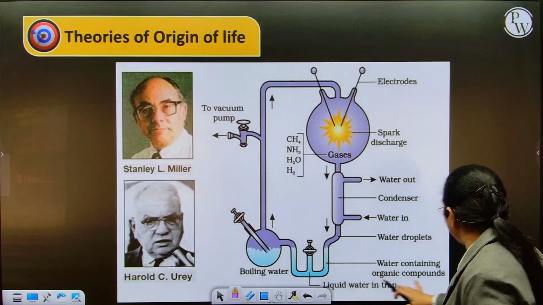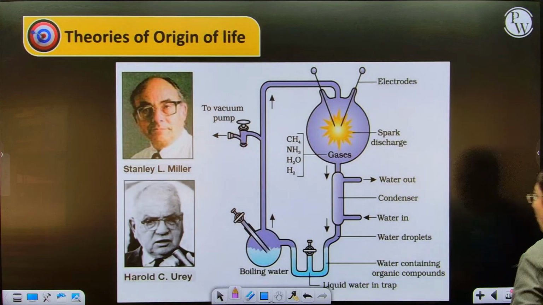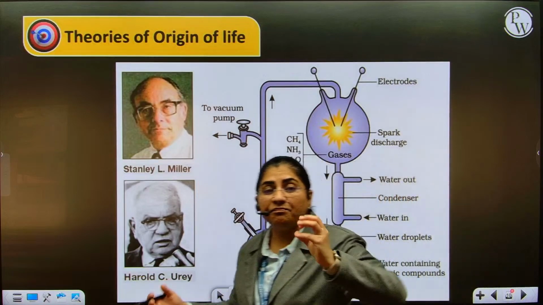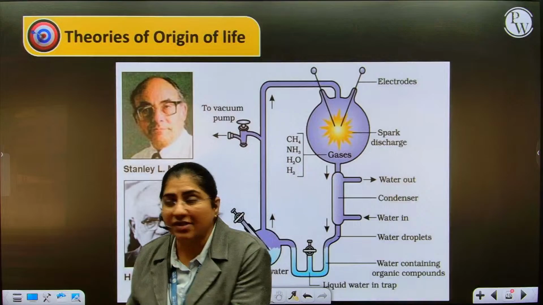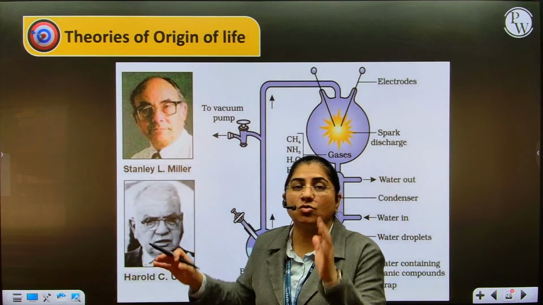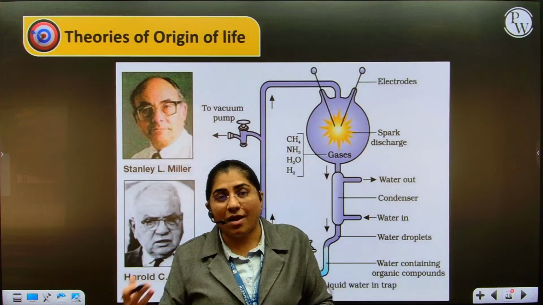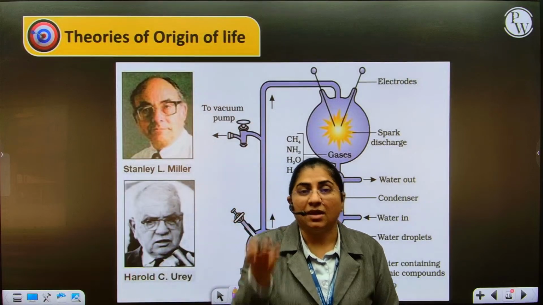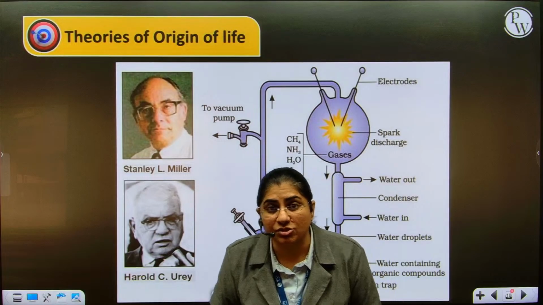And this liquid water in the trap, after a few days, when it was examined, was found to have certain micromolecules. The first thing Urey and Miller found was proteins. There were many others who in similar experiments found pigments, lipids, and polysaccharides also.